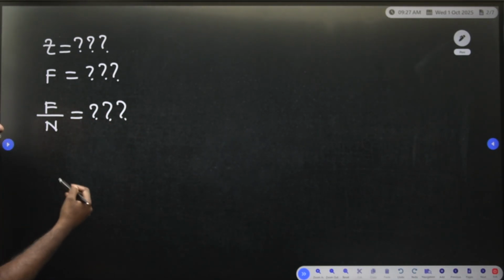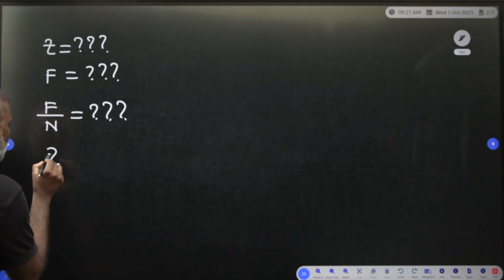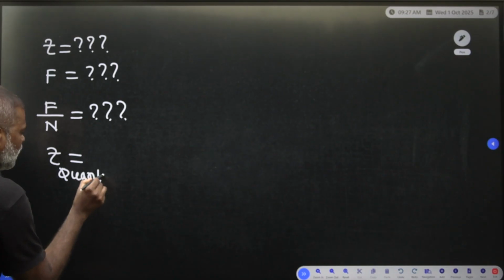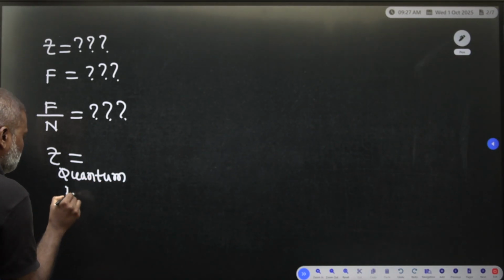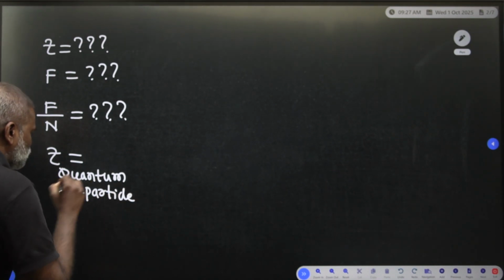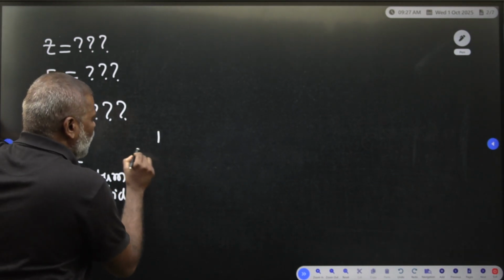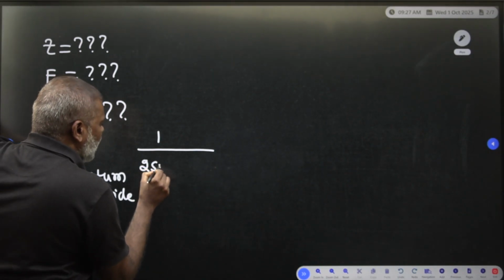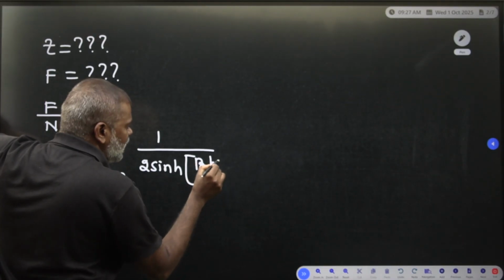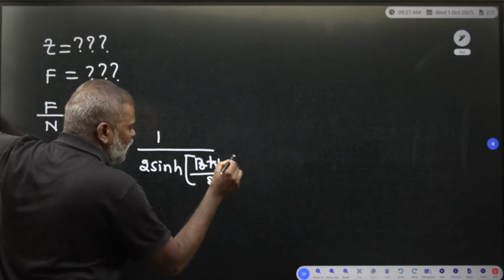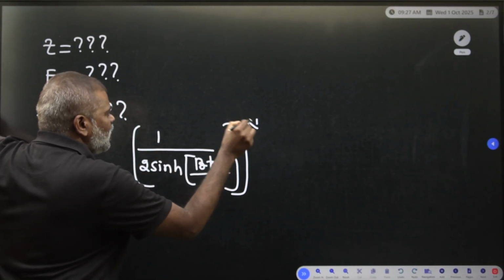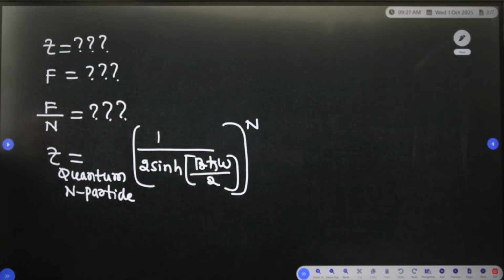For a quantum oscillator, the canonical ensemble partition function, for N number of particles you have to consider. What is the formula? 1 by 2 sinh of beta h cut omega divided by 2, all to the power of N. This is the partition function for N number of particles.